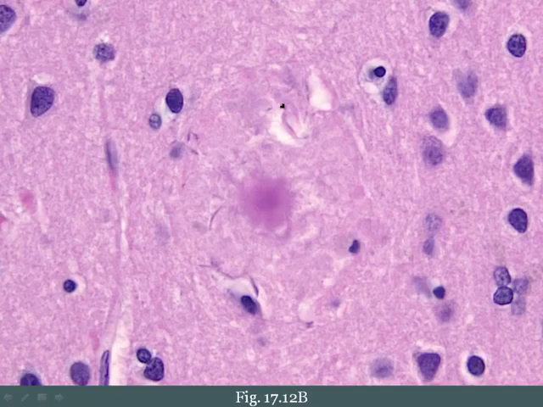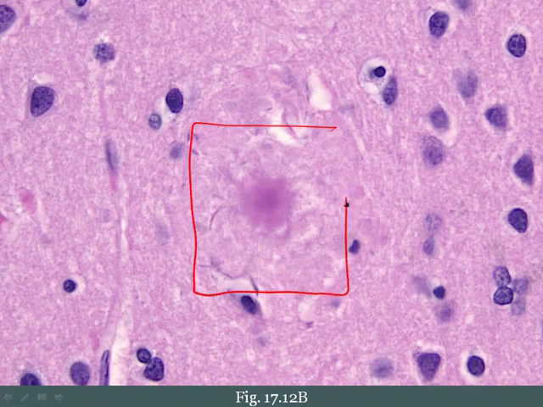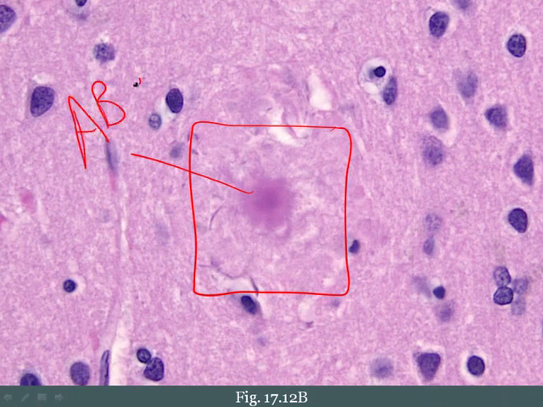The next important pathologic finding is that there will be development of something called a neuritic plaque. Now here, I'm highlighting for you a neuritic plaque, and a neuritic plaque has two major components. The first is that it has A-beta amyloid, and so you can see that there is this pink material which represents amyloid. Of course, this material is extracellular because amyloid is always extracellular.